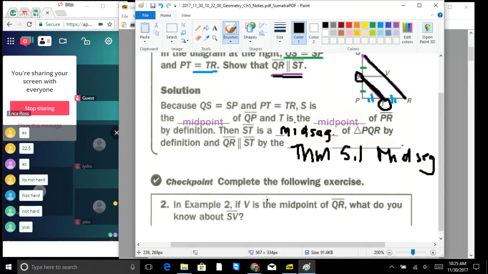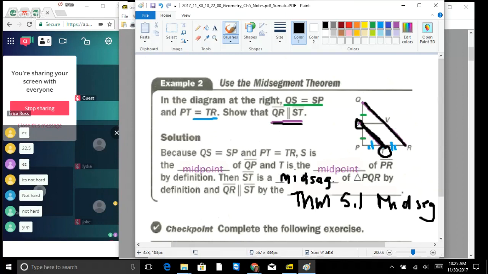If in the same example, V is the midpoint of QR, then V is the midpoint, and, oh, I even erased my line.